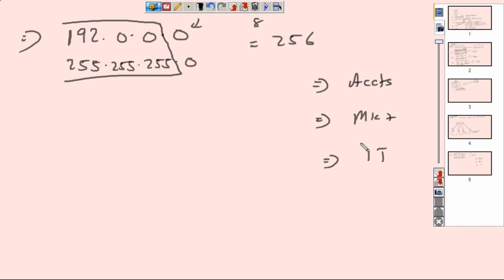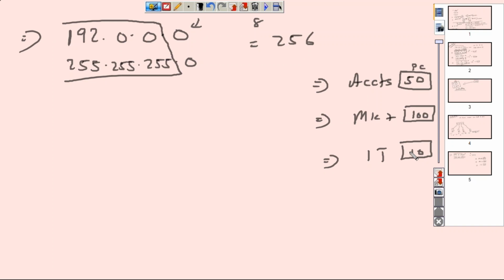In accounts, there are, let's say, 50 people. That must be one big company. Anyway, 50 people means 50 PCs normally. In marketing we have about 100 people. And IT, let's say, 10 people, right?